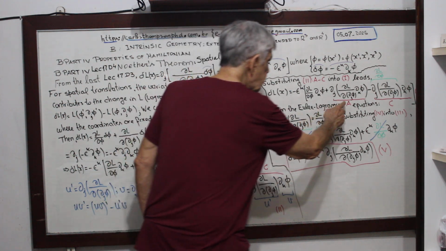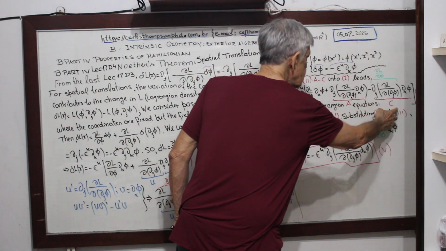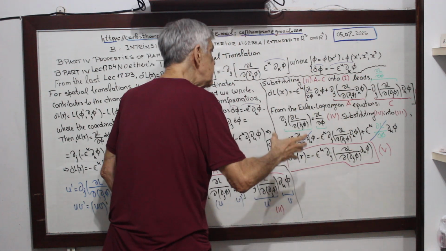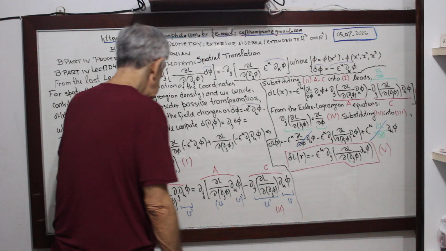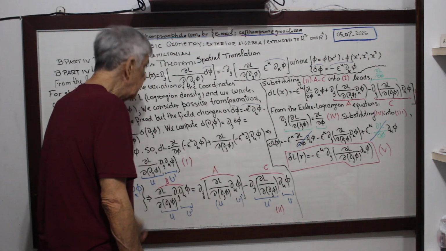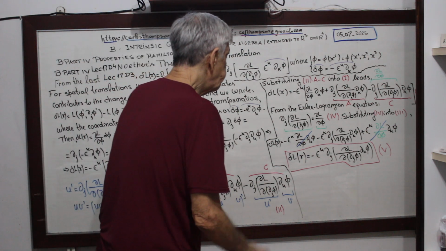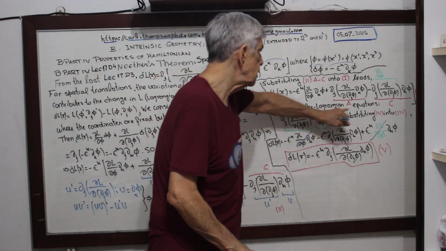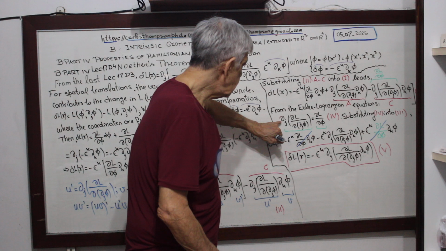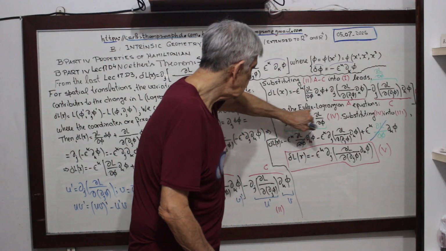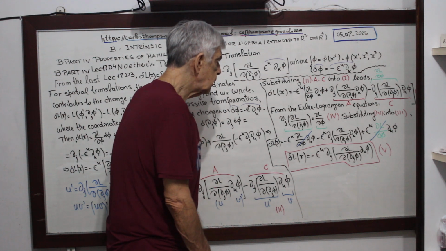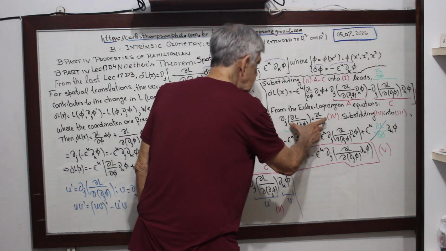This capital A minus capital C just corresponds to capital B over here. See this capital B. On the other hand, from the Euler-Lagrange equations, I can relate this one to partial of L with respect to phi. This is equation 4.